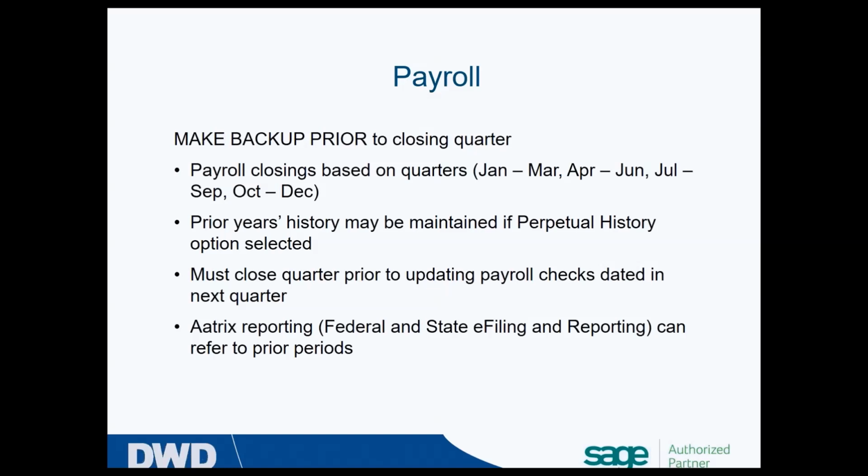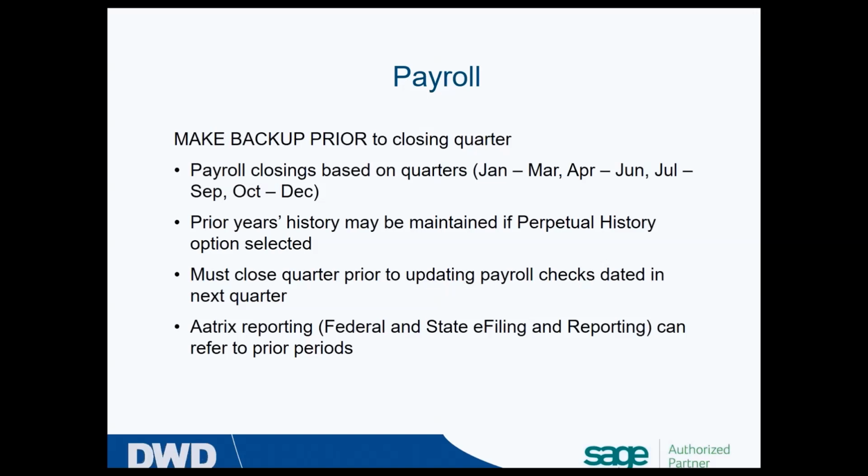The number of years history can be defined if you've got the perpetual history option enabled. If you don't have that enabled, I strongly recommend you go get that enabled ASAP. And you must close your quarter prior to updating your payroll that is dated in the new quarter.